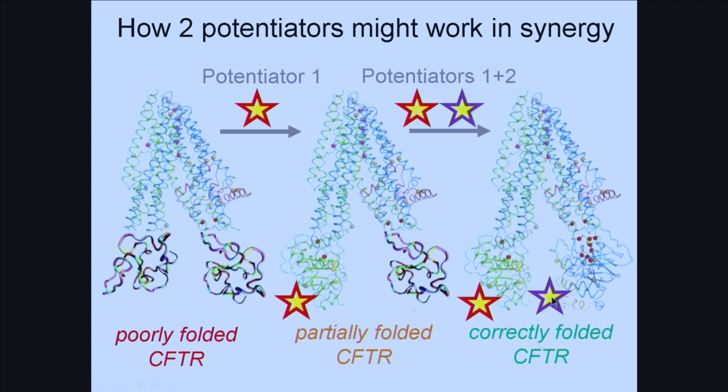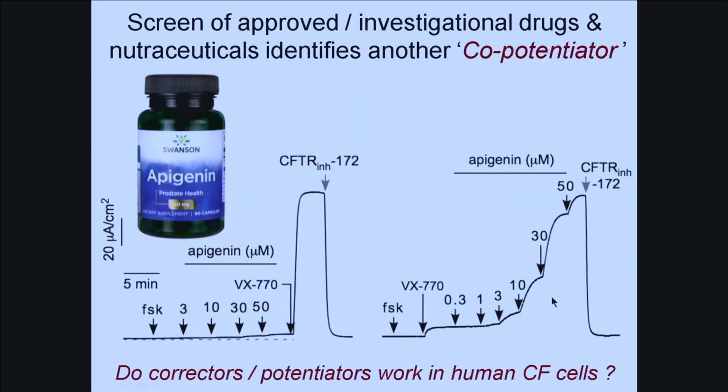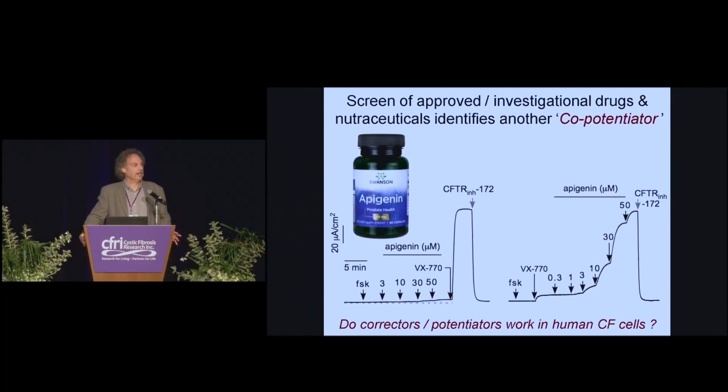And we're trying to work out the molecular mechanisms, but we don't know yet. What we also do is nutraceutical and approved drug screens, because if we could find a compound that's already in the health food store or approved for a different indication, that would tremendously fast-track its application to CF.